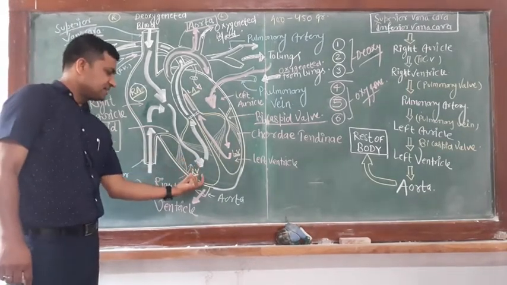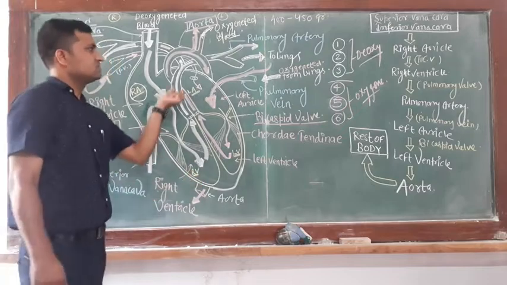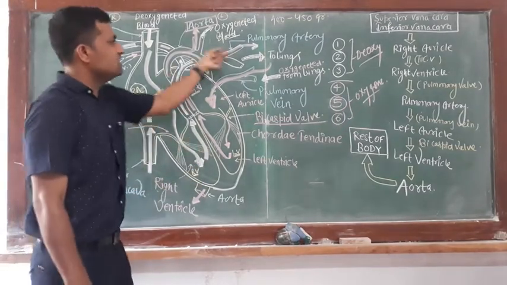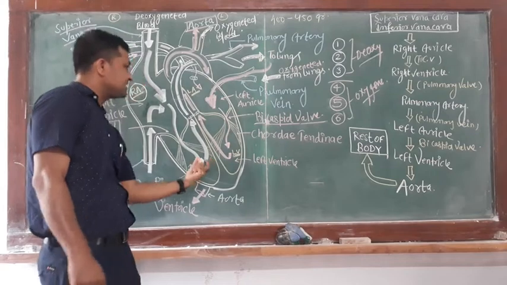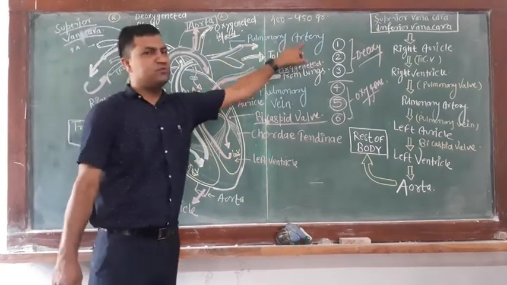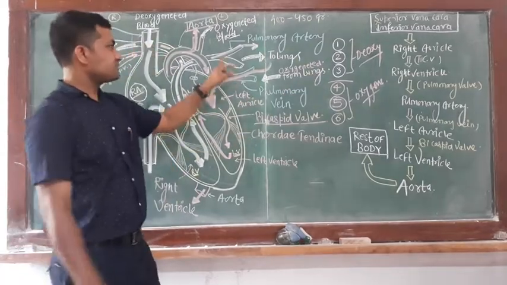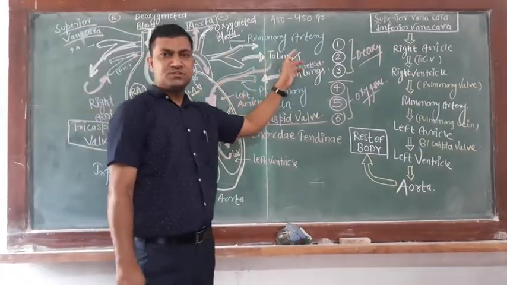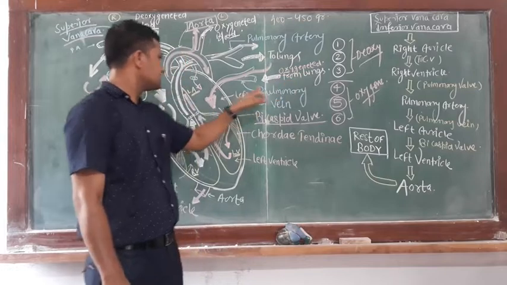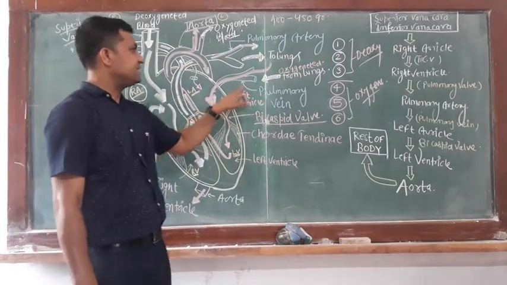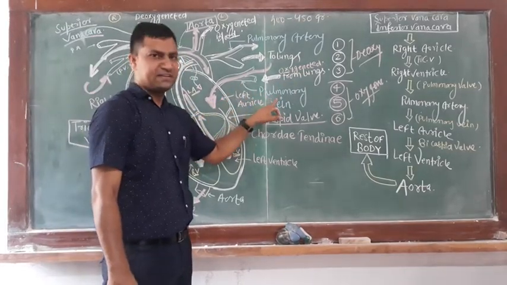Then after, right ventricle to lungs with the help of the pulmonary artery. Then after, blood comes into the left auricle with the help of the pulmonary vein.